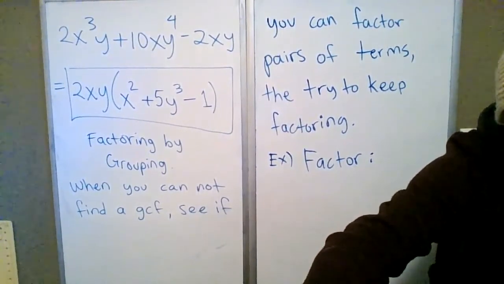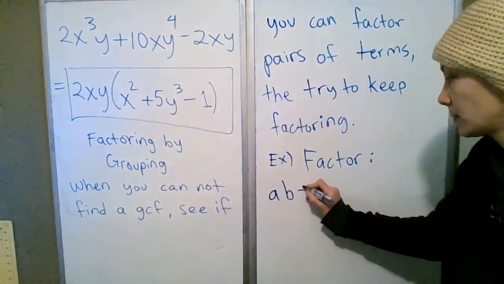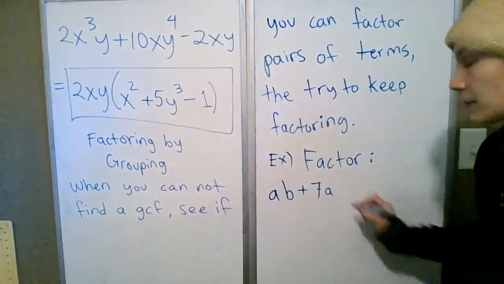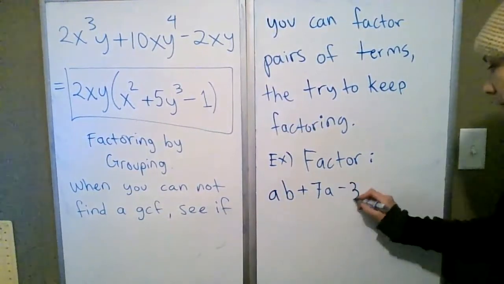We're going to take AB plus 7A minus 3B minus 21 and factor it.